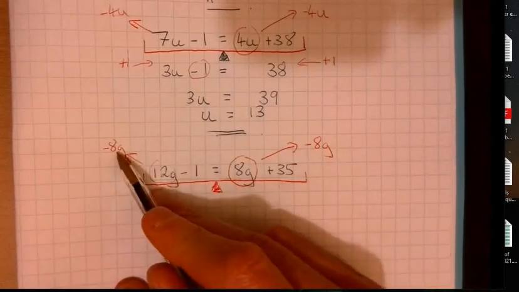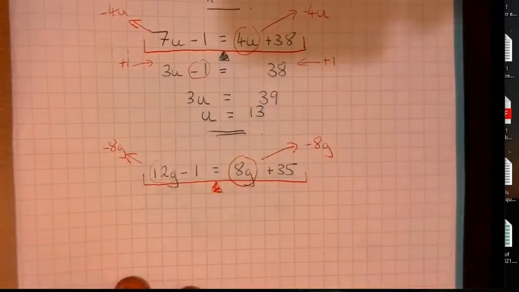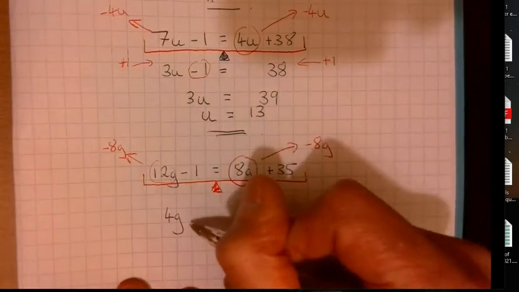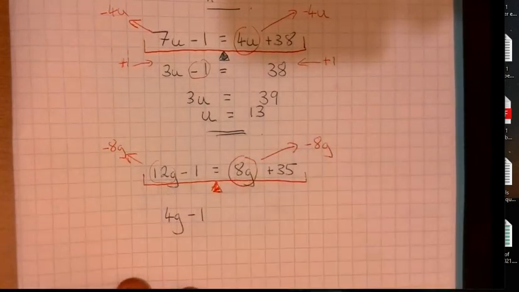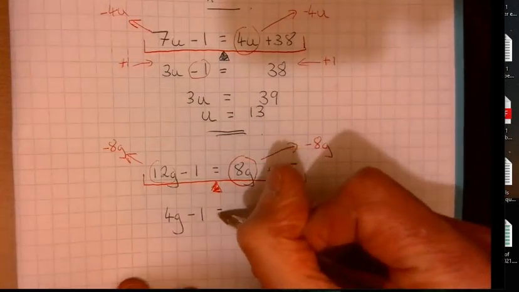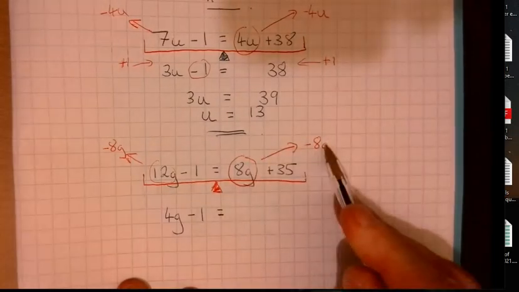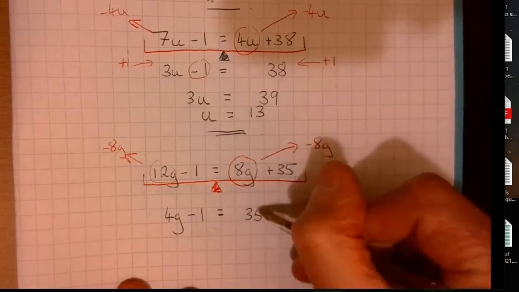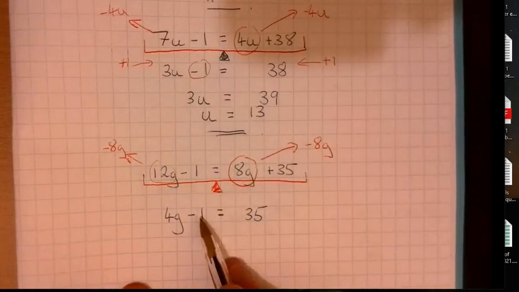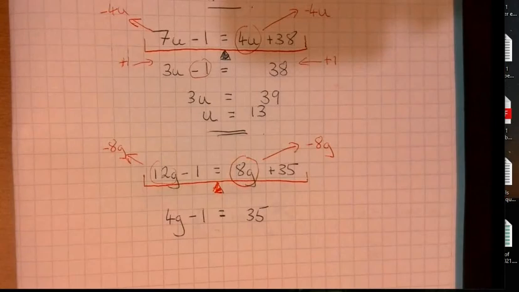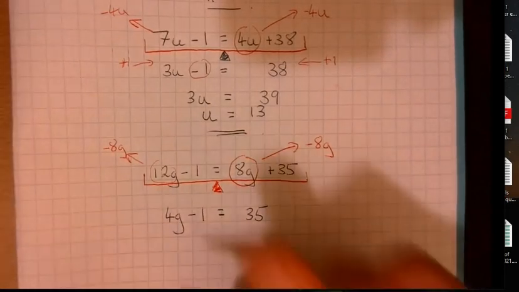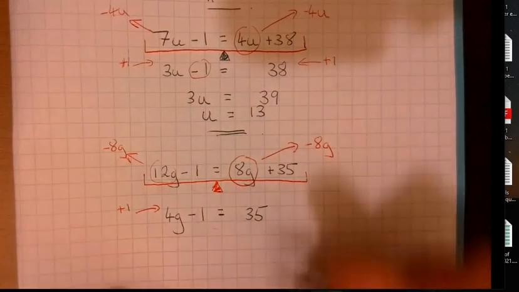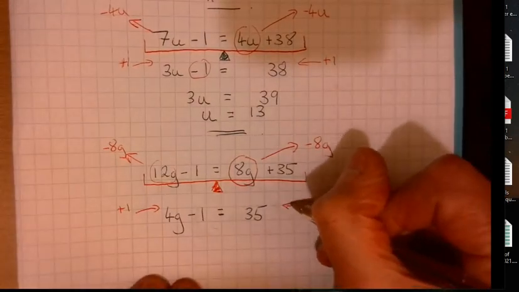12G take away 8G. Well, I've got 4 of them. So let's write it down. 4G, and then we've got minus 1. And then equals, 8G's gone, just got 35. I've got a minus 1. That's annoying. Well, what's the opposite to minus 1? The opposite to minus 1 is let's add 1. It can go away effectively, but then you need to add 1 over here.